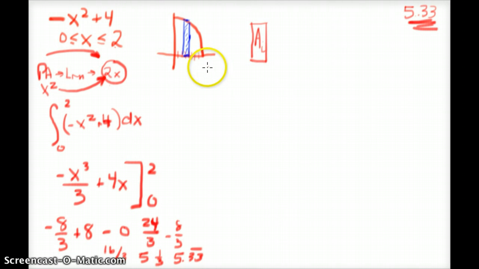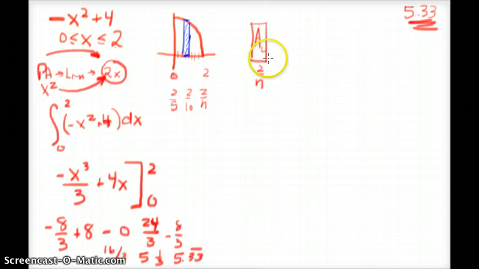N would be the number of rectangles. So remember, this was 0 and this was 2. If I divided it into 5, each of the width would be 2 over 5. If divided into 10, each of the width would be 2 over 10. Let's just say we divided into n intervals, so 2 over n. So this width right here is 2 over n.